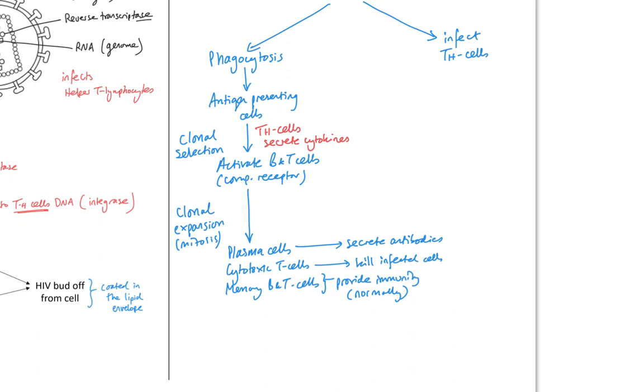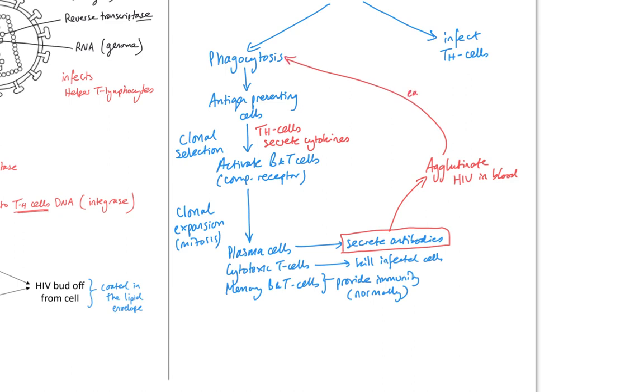I would focus on the antibodies, because we can give more detail of how these work. These are going to agglutinate HIV in the blood, any that are roaming around the body, and then they're going to be phagocytosed.